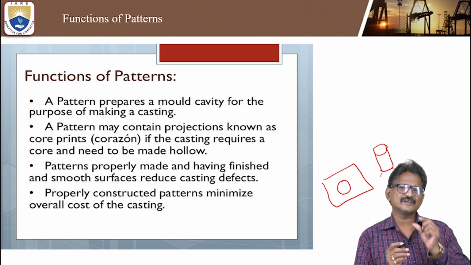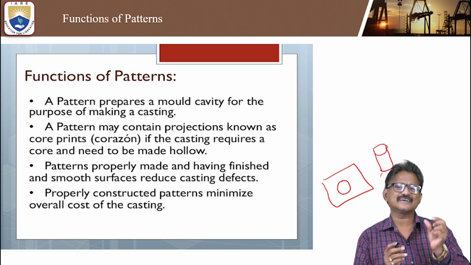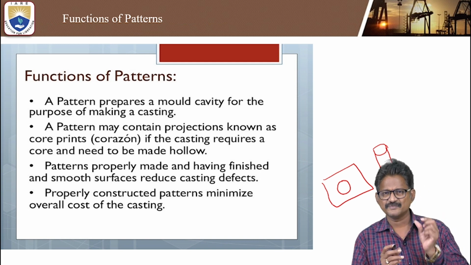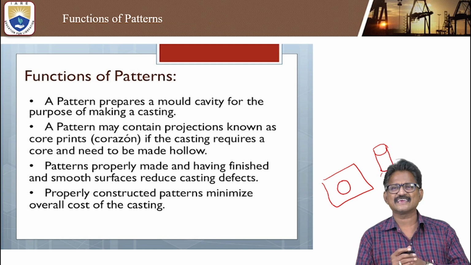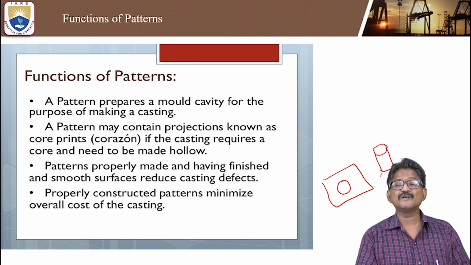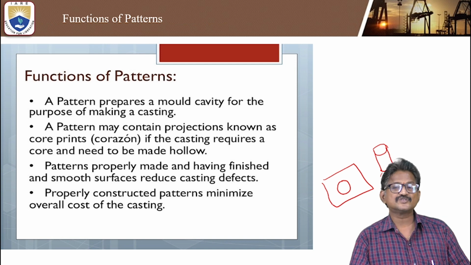And another function of a pattern is that it can be constructed to minimize the overall cost of the casting in general, depending upon the number of products to be produced.